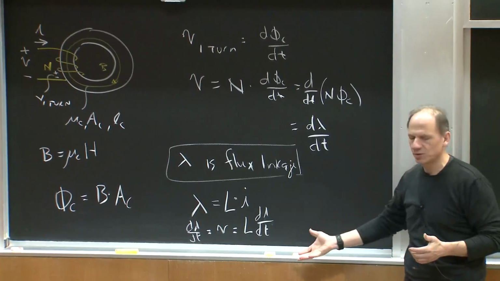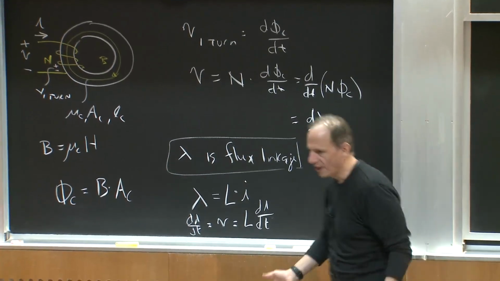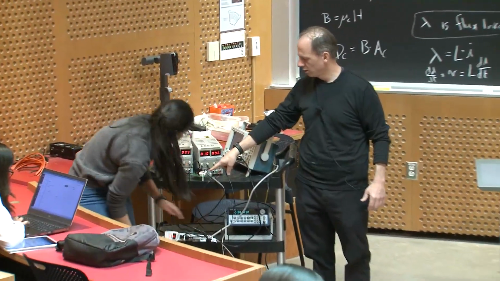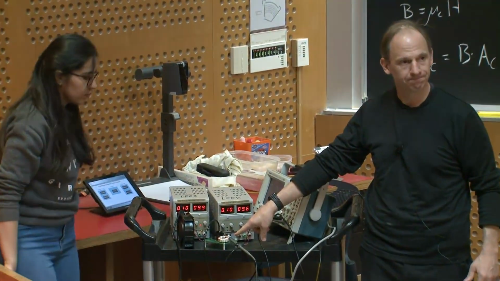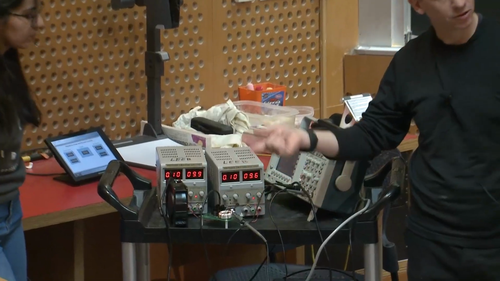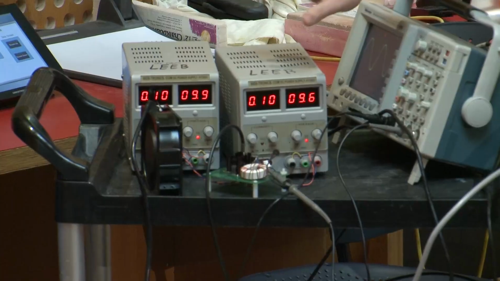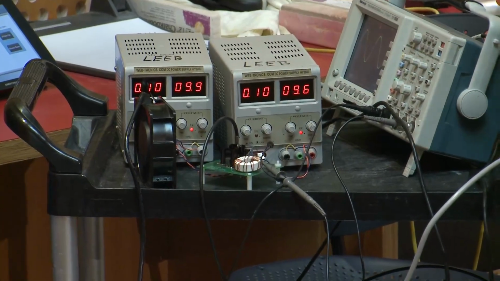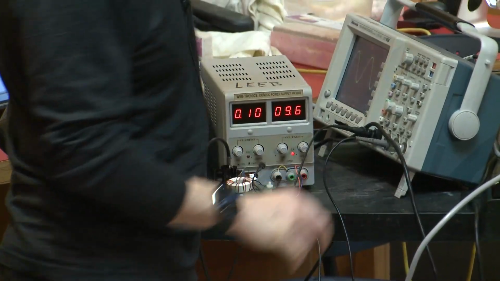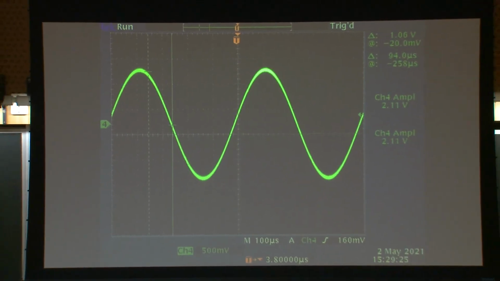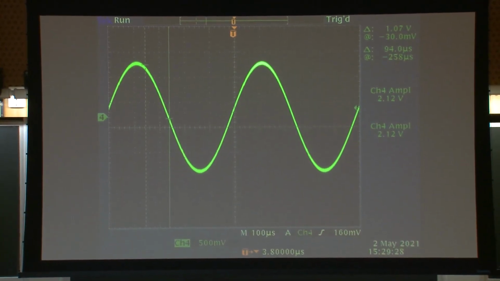Just to show you that's true, we set up a demo, okay? What we have here is a toroidal inductor with a bunch of turns on it. And what we're going to do is apply a voltage to it. What you can see right now is essentially the voltage being applied across this whole inductor. But we wound the inductor with uninsulated wires so that we could tap individual turns going around.